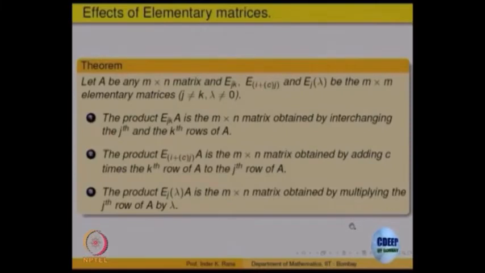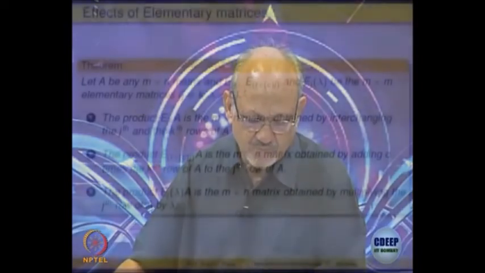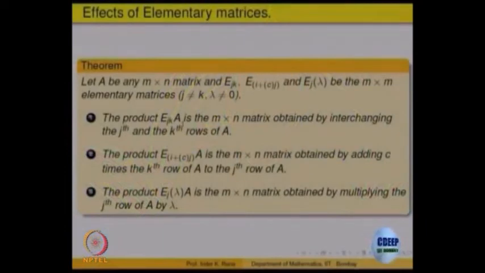Okay. So, the theorem says, we will not write down a formal proof of this, one can write it down, multiply and look at the ijth entry of every matrix. So, it is only a matter of writing; we will see how we use it. So, it says the product of Ejk with A, okay. A is a matrix which is m cross n, m rows and n columns. So, what should be the order of that matrix Ejk?